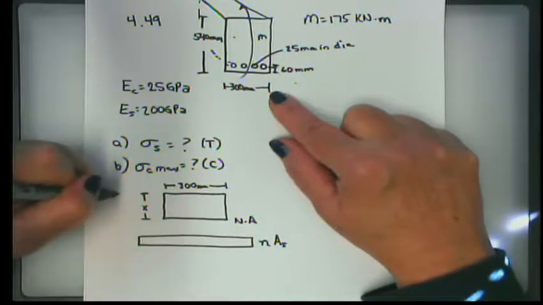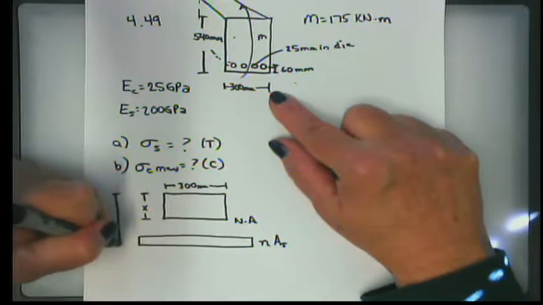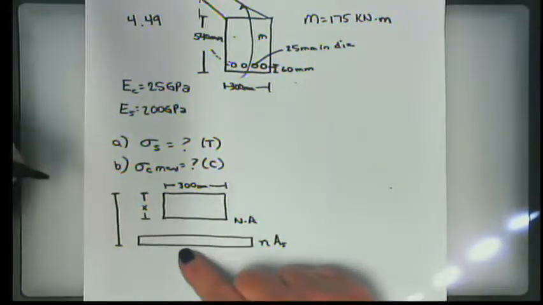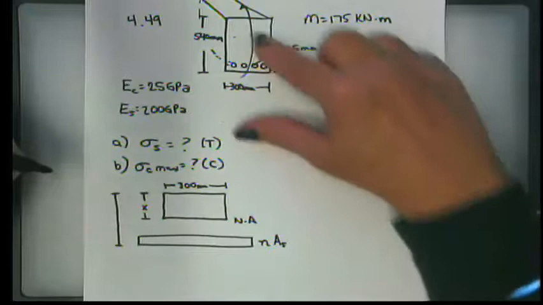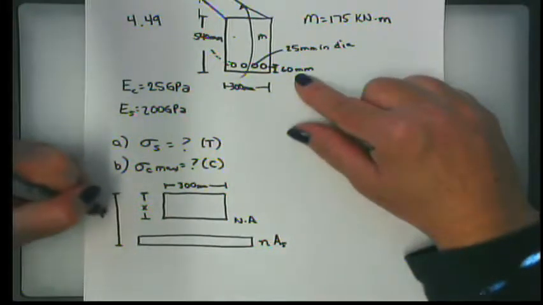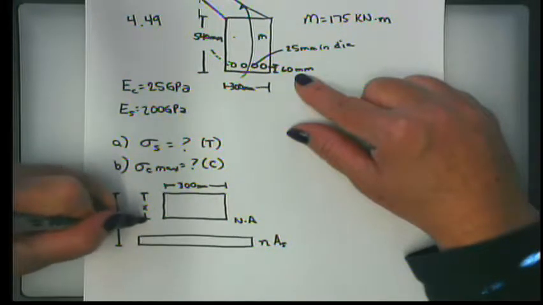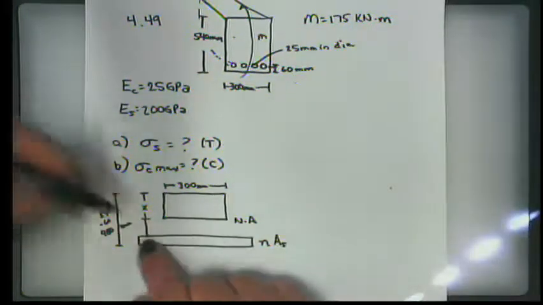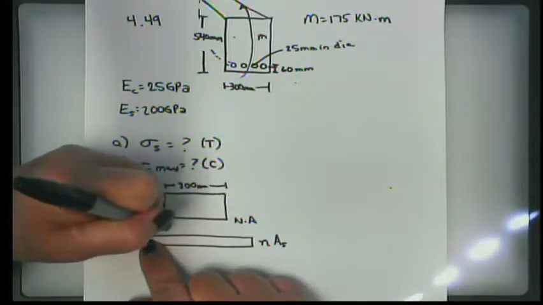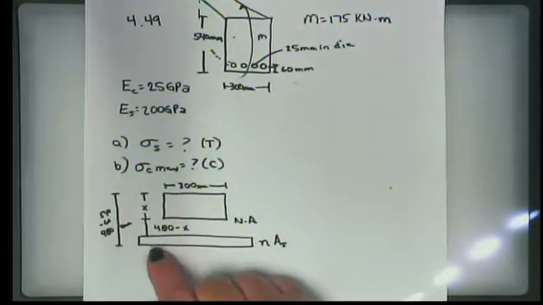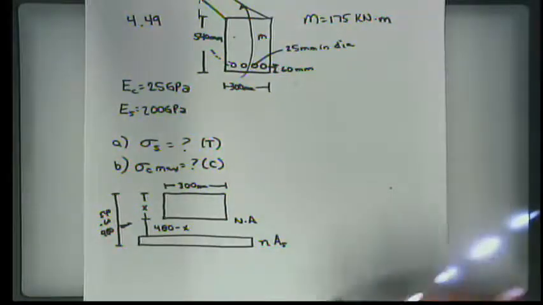We also know that the total distance from the top of the concrete to the center of the rebar is 540 minus the distance to the bottom, which is 60, or 480 millimeters. So we then know that this distance is 480 minus x. So we have drawn our transformed section at that point.